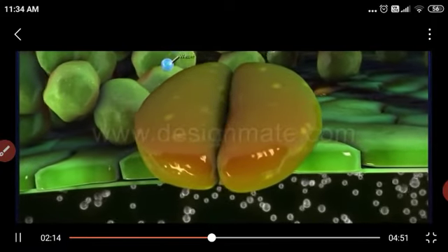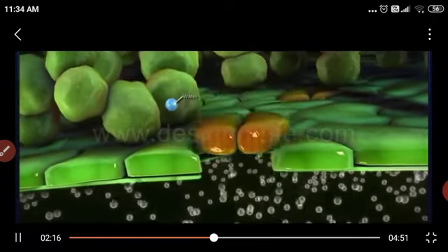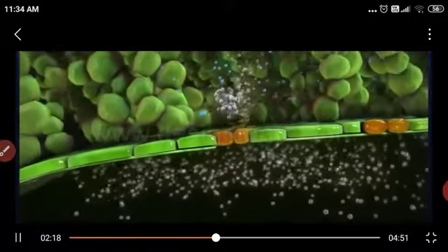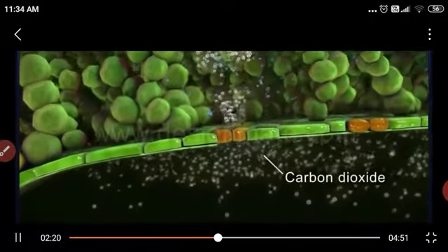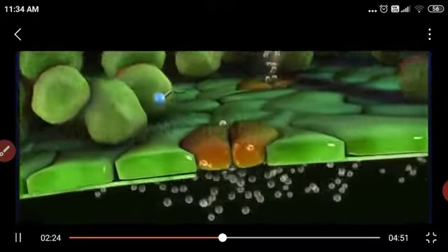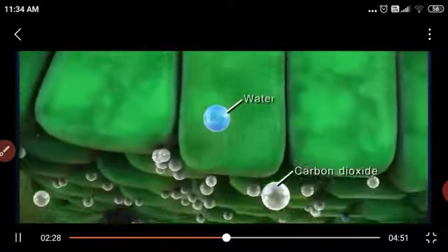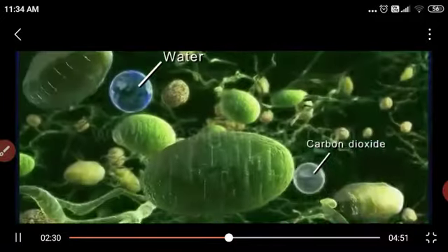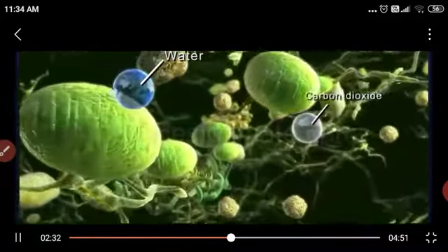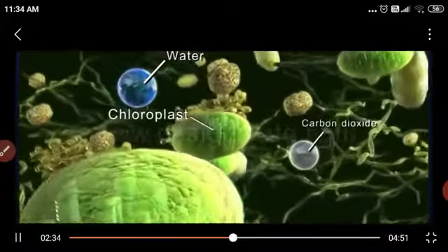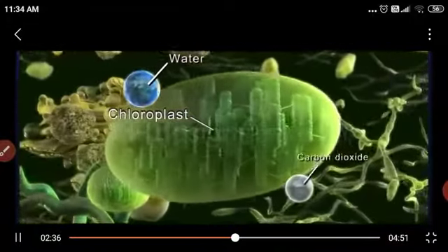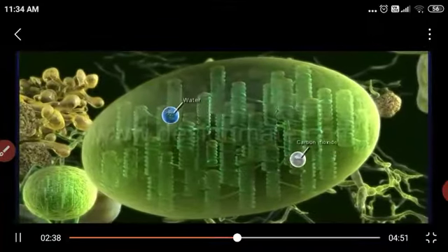The stomata absorb the carbon dioxide from the atmosphere, and this carbon dioxide and water molecule are transferred to the chloroplast. This is a chloroplast, and it contains the thylakoids. Thylakoids contain the chlorophyll pigment.